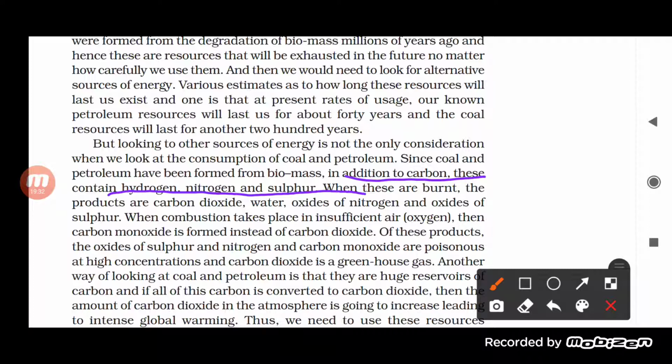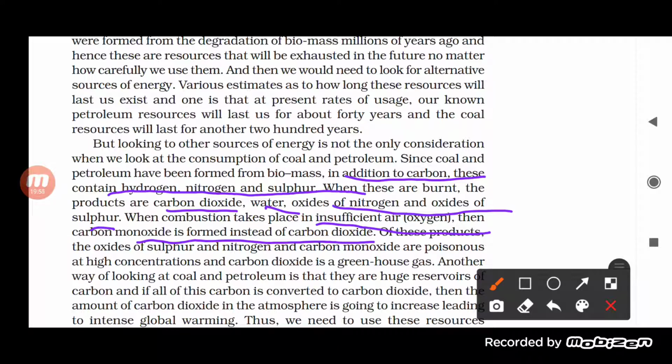When these are burnt, products like carbon dioxide, water, oxides of nitrogen and oxides of sulfur are produced. And when combustion takes place in insufficient air or oxygen, then carbon monoxide is formed instead of carbon dioxide.